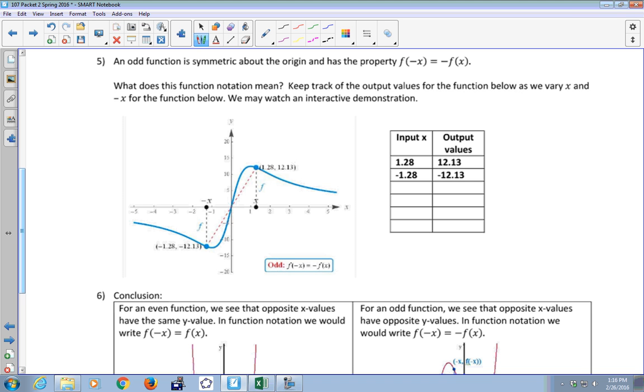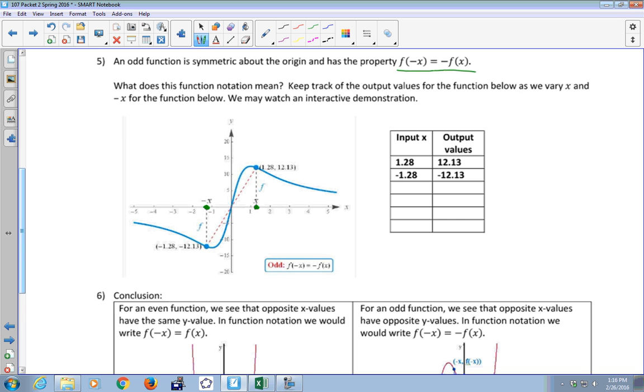And the algebraic notation that describes origin symmetry says that if you plug in opposite x values, a negative x and a positive x, instead of getting the same y value, now you get opposite y values.